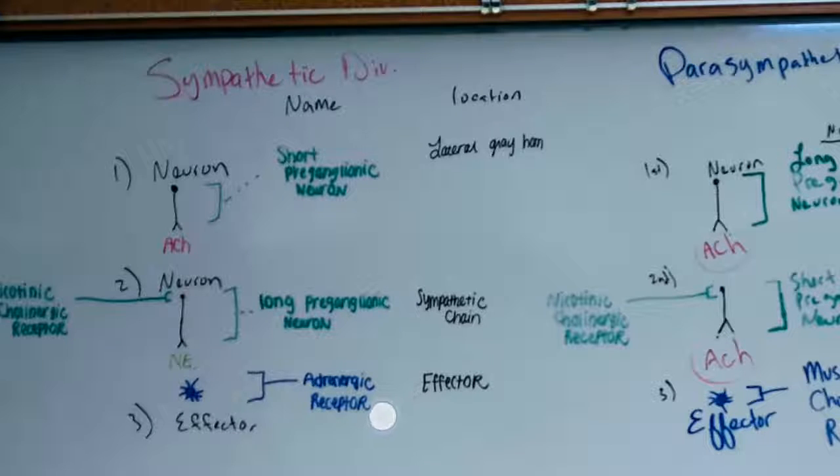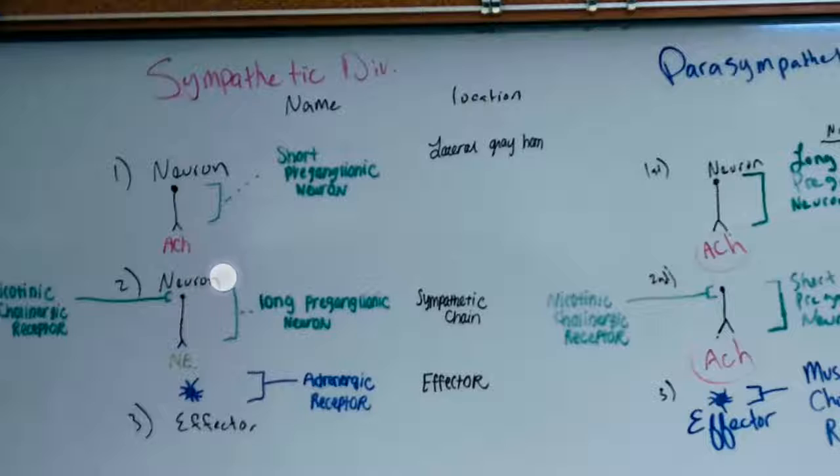Okay, now let's go into a little more detail. The first neuron is named short preganglionic neuron. Again, this is only in the sympathetic division. The first neuron is called the short preganglionic neuron. It's located in the lateral gray horn. It secretes acetylcholine. The second neuron is called the long post-ganglionic neuron, and it's located in the sympathetic chain.